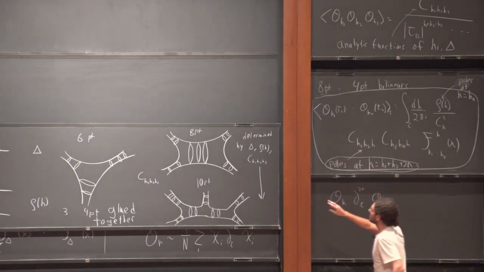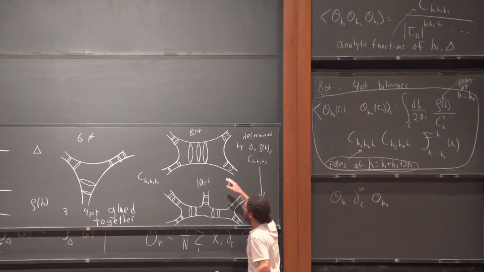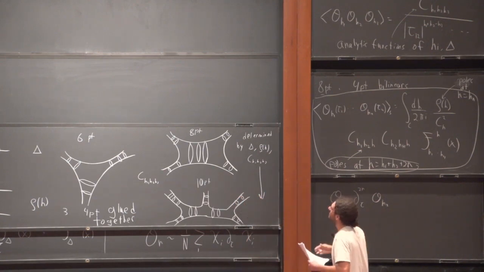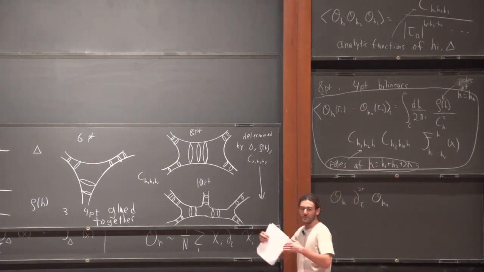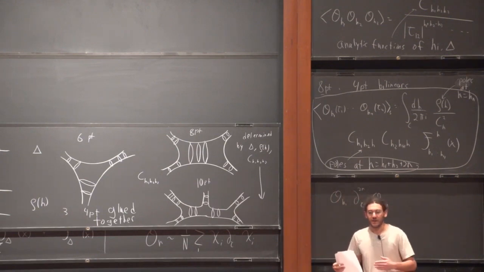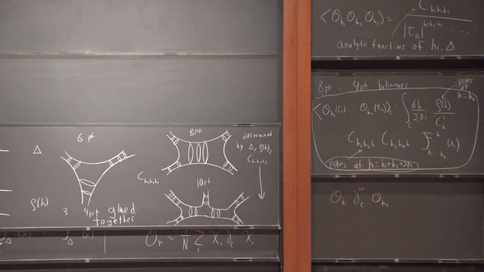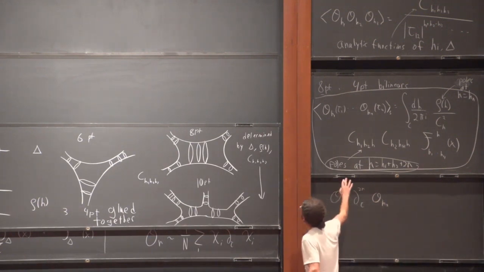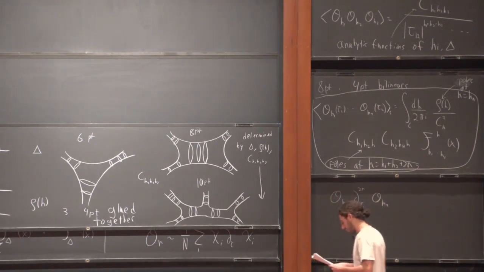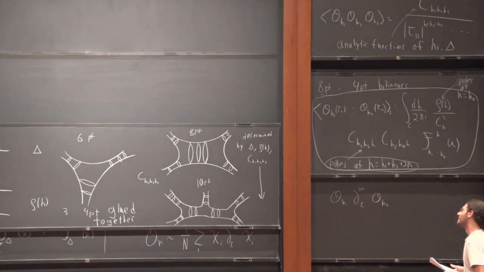But one thing I should note is that for the 8-point function, there's in fact an additional diagram, which I haven't included, which consists of 4 4-point functions joined together. So that one needs to compute separately, and it's straightforward to compute it. So this isn't the full answer. But it's the main piece of the answer.